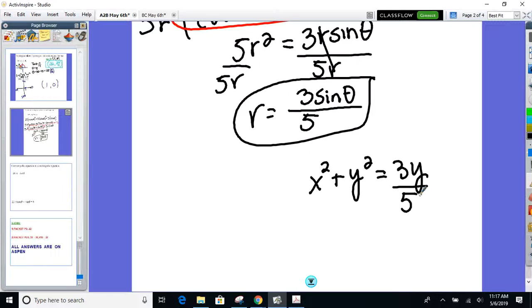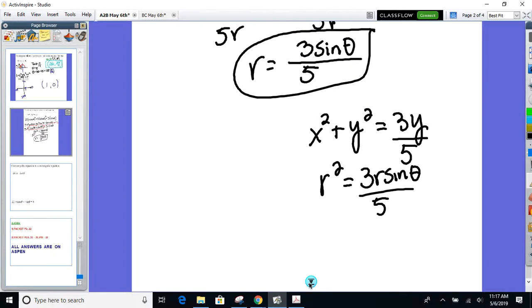Well, this is r. What's x squared plus y squared? R squared. Yeah, so if I put r squared equals 3r sine theta over 5, and then just divide by r, yeah, and then that's the answer right there. Or multiply by 1 over r, right? Yeah, that's why.